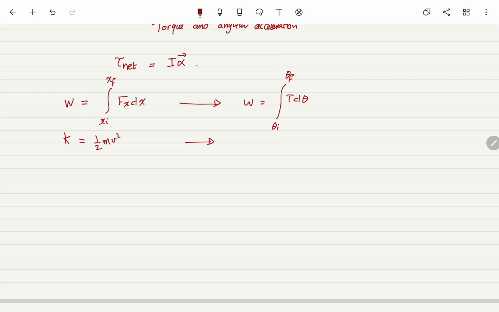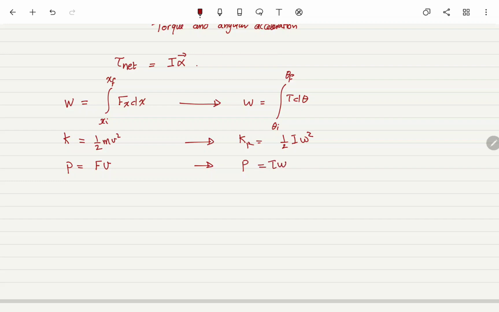In rotational motion, the kinetic energy is defined as half I omega square, and the power in linear motion is defined as Fv, actually it's F dot V here.